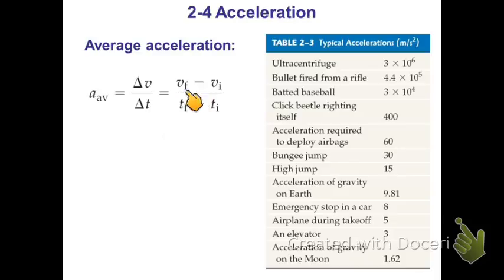If you know the velocities at these initial and final points and the time it takes for this change to occur, then the average acceleration will be just the difference between these two velocities, v final minus v initial, divided by the total time.